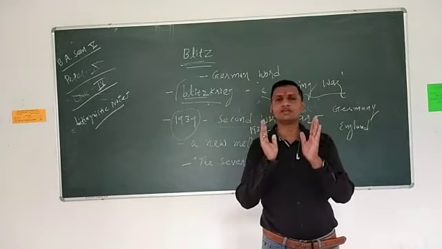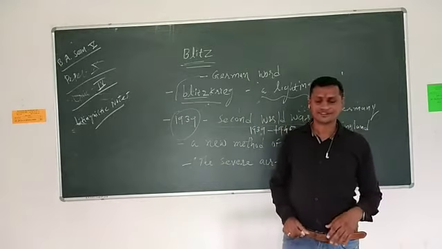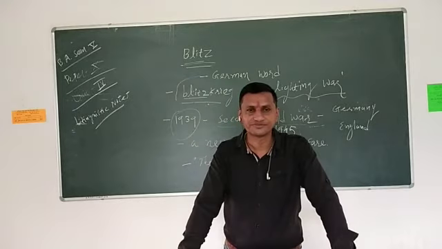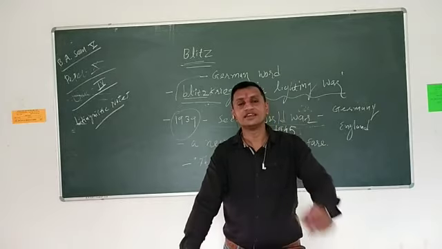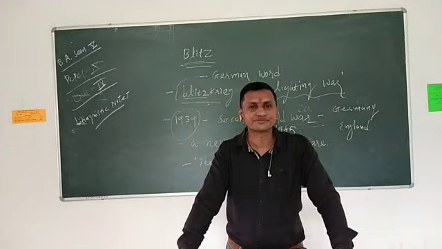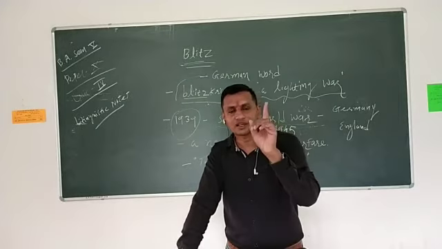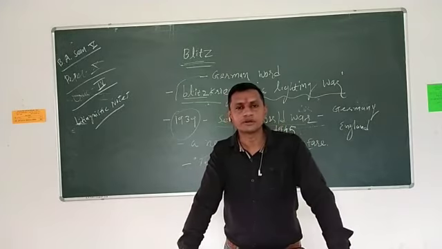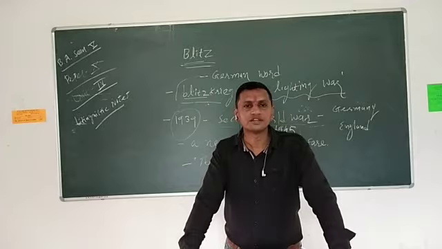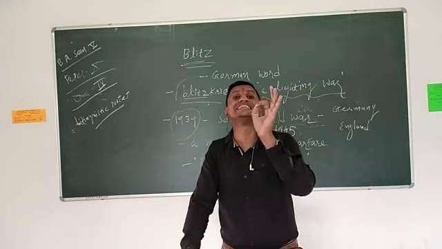Here I can give you the best example. I think most of my dear friends watched the movie Uri. Did you watch the movie Uri? In this movie, the Indian army attacked the terrorists, and that operation is called the Blitz.